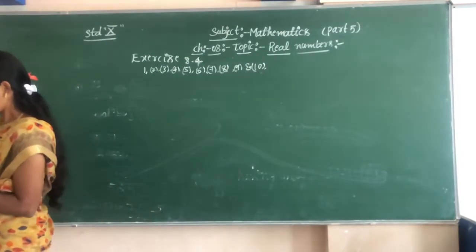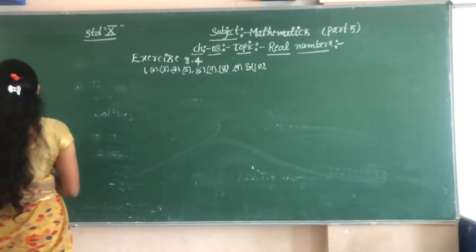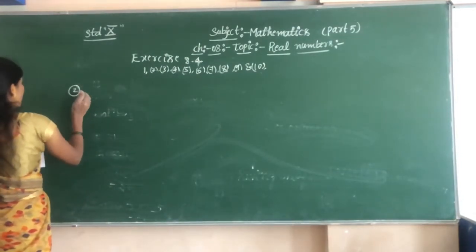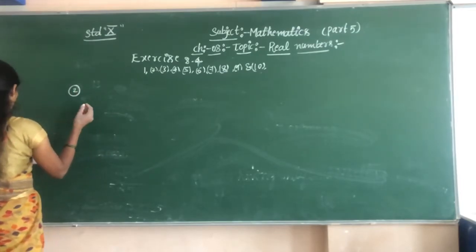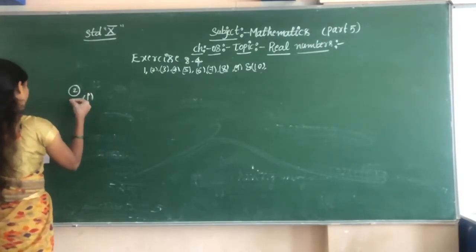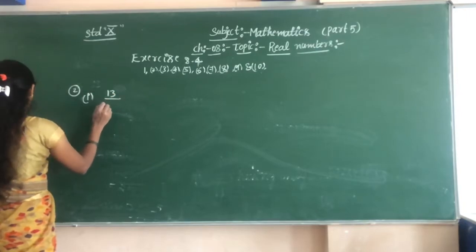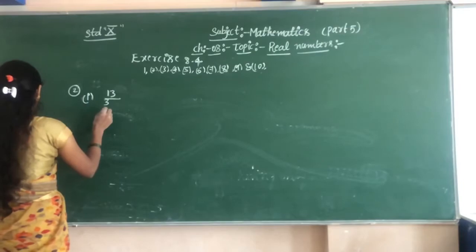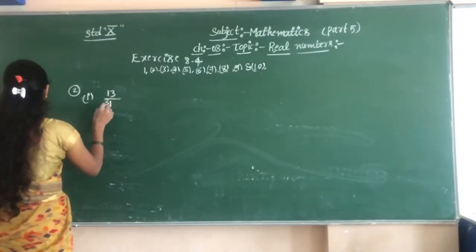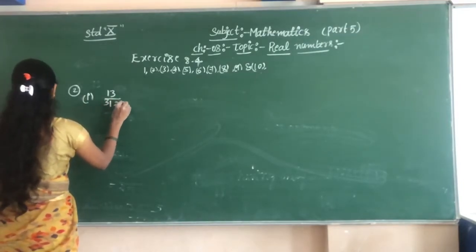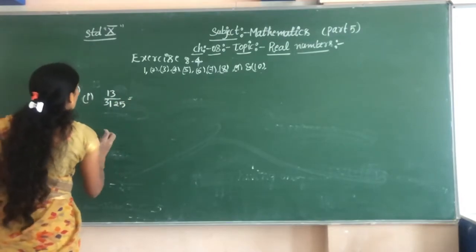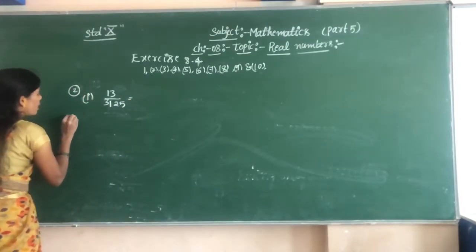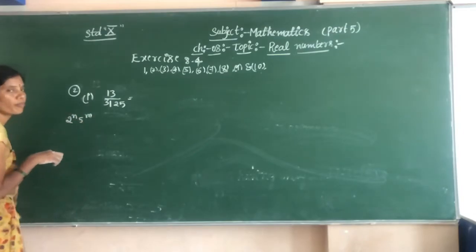Okay children, in the second one, the first is 13 by 3125. Already you know 2 to the power of n, 5 to the power of m.